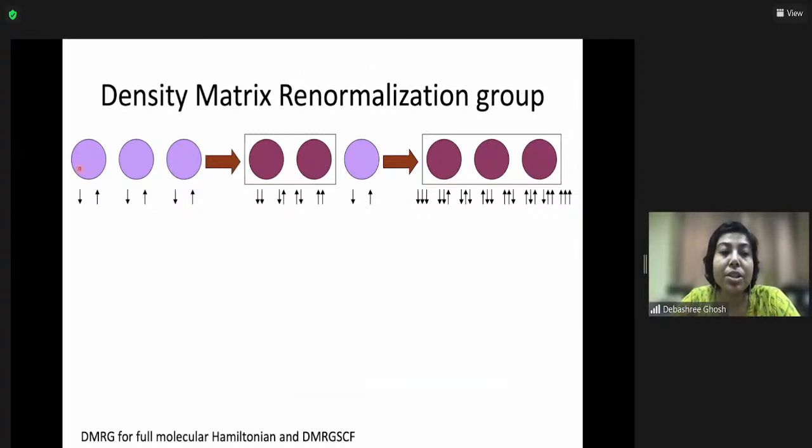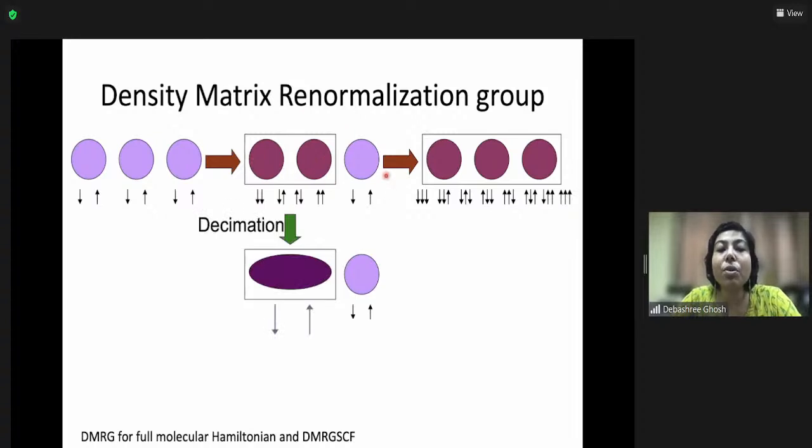So what DMRG does is, after you have basically taken all possible combinations of states between two sites, which is here 4 in this case, you look at the density matrix of the full system with all possible combinations of only the first two. You take that density matrix and then perform singular value decomposition and retain only the most important states.